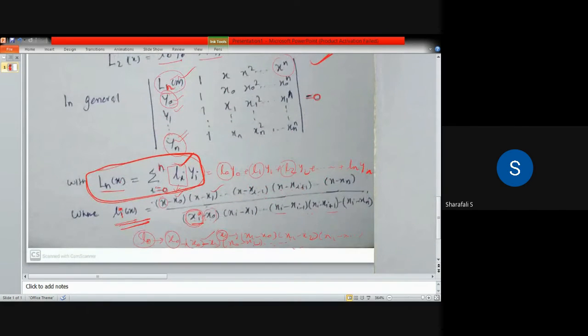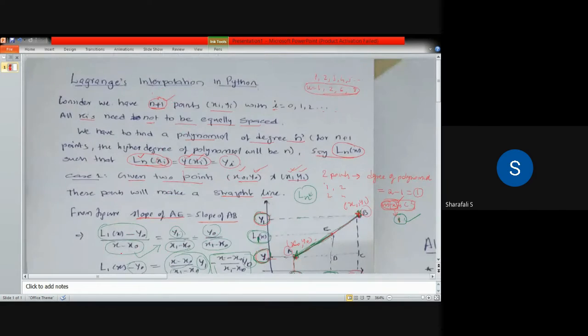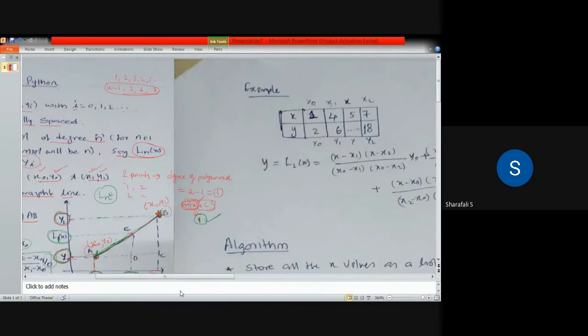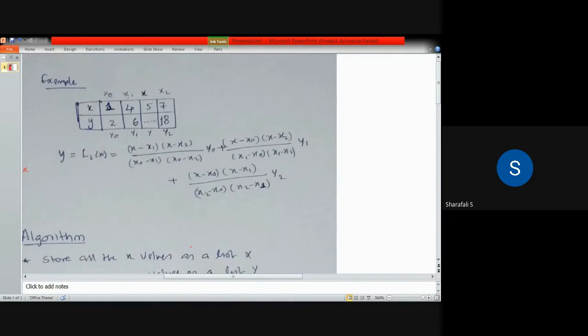Now let us consider an example. You have this set of data. So here we have how many points? 4 data points are there. 4 data points, which means that we can have the highest degree of polynomial equal to 3.